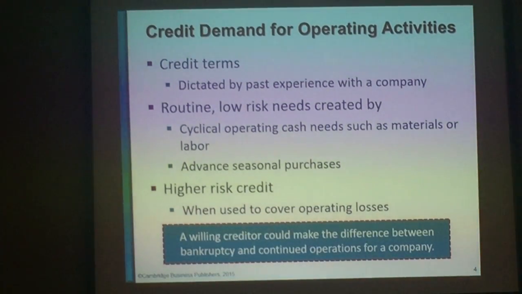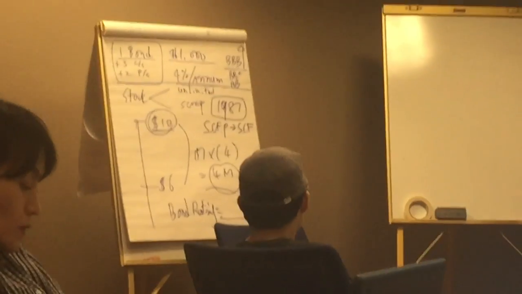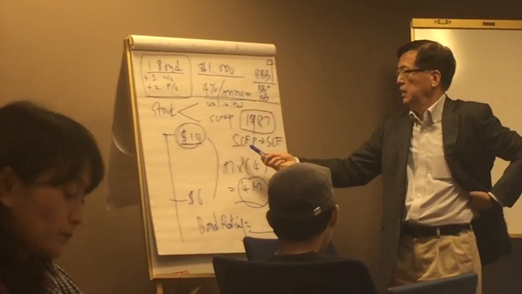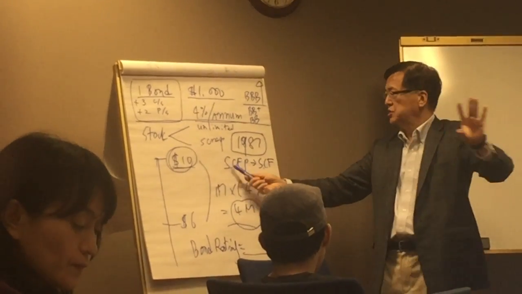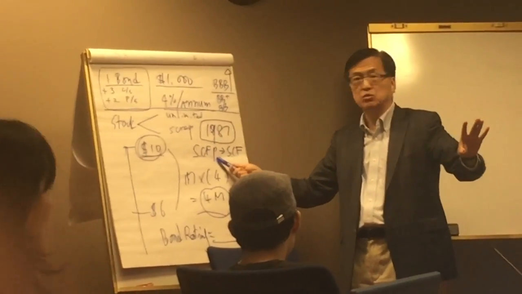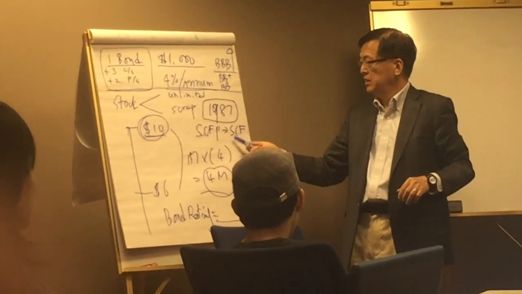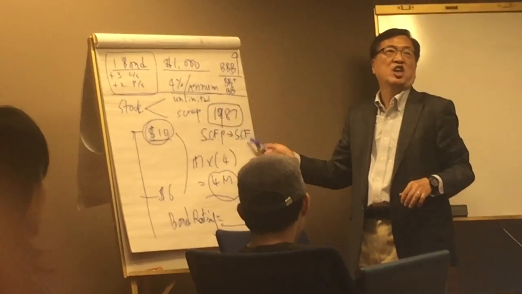That's why, in 1987, and we are not responsible for pre-1987 accounting, but from 1987 on, one of the four major financial statements was the statement of changes in financial position, which became the statement of cash flow.